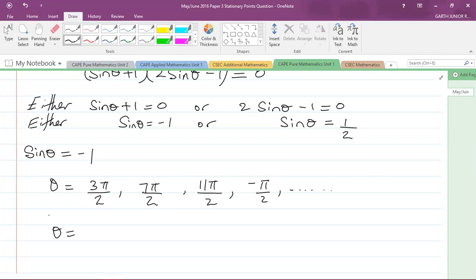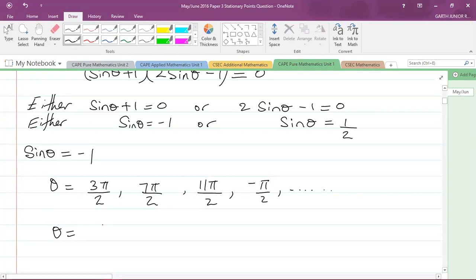Sometimes we're adding a multiple of 2 pi, sometimes a multiple of pi. So it's up to you. You have to look at the solution and observe the pattern, or you could use the formula that you have learned in school.